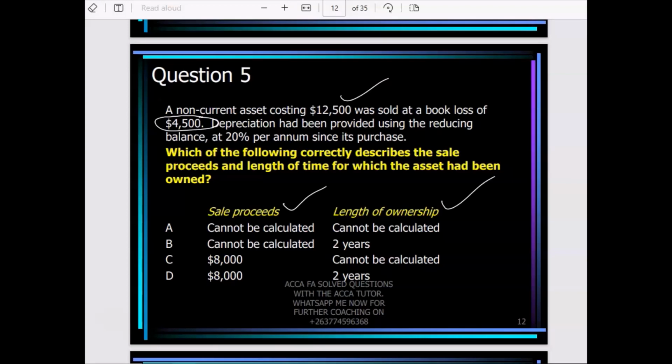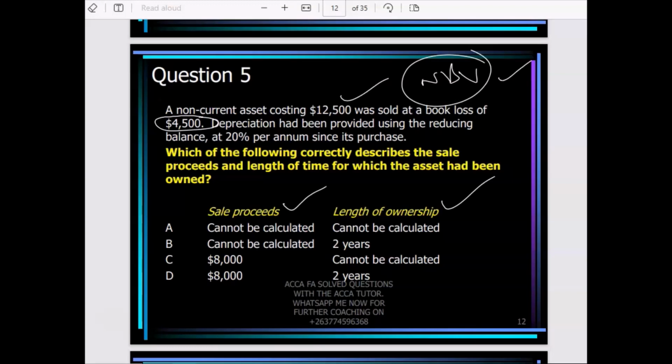Do you think it is possible that we can determine the amount at which the asset was sold, that's the sales proceeds? Obviously, it is impossible because we do not know the net book value. We do not know when the asset was sold. So it is difficult for us to determine the sales proceeds. Also, we can't tell because we do not know the NBV.